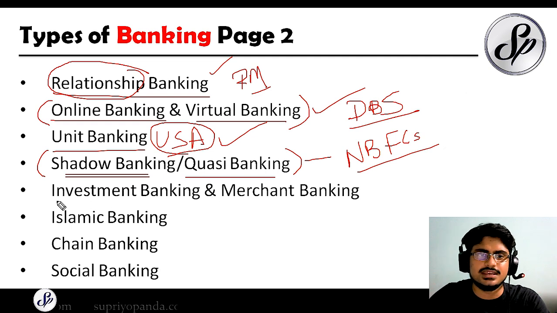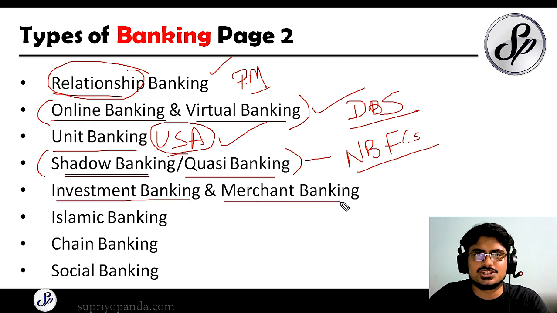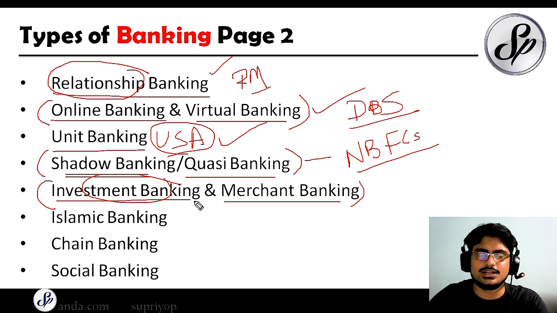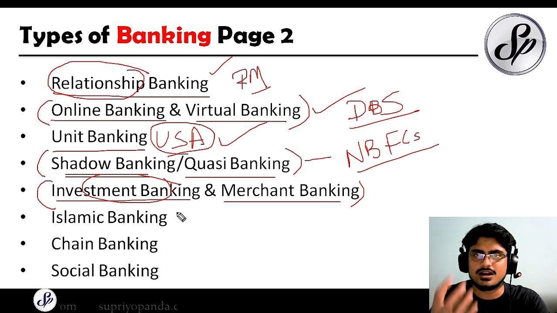Then you have the investment banking and the merchant banking. So both of these things are mostly similar, but investment banking is a bit more in depth, because investment banking talks about underwriting, mergers and acquisitions, and big companies are actually helped by investment banking.